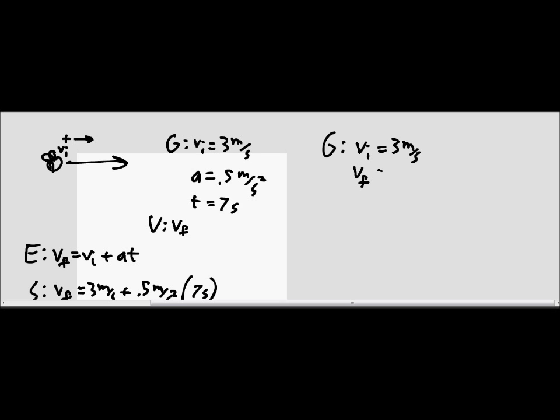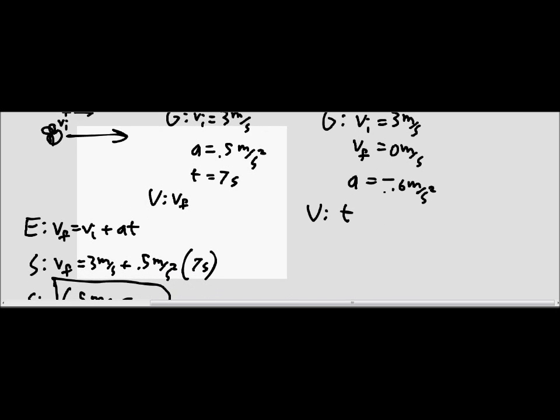His final velocity is 0 meters per second because we know that he's trying to come to a complete stop, which is a velocity of 0. His acceleration is negative 0.6 meters per second squared. And our unknown for this is now time.